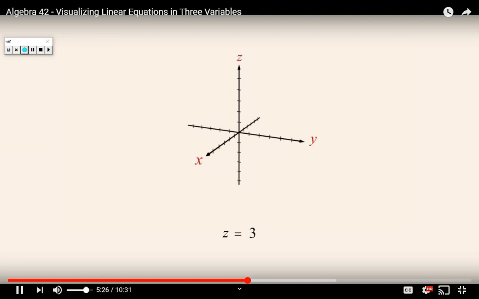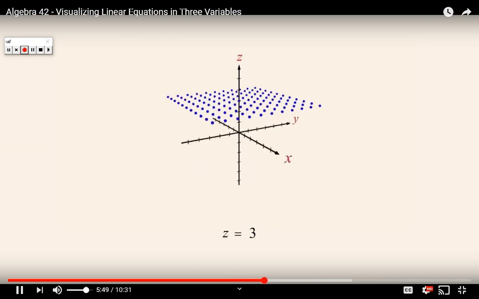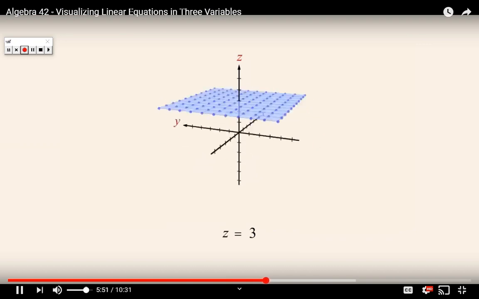Since both x and y are free to take on any value, the graph of this equation consists of every point in 3-dimensional space whose z-coordinate is 3, and x and y coordinates are any real number. The graph of this equation is therefore a horizontal plane, 3 units above the origin.